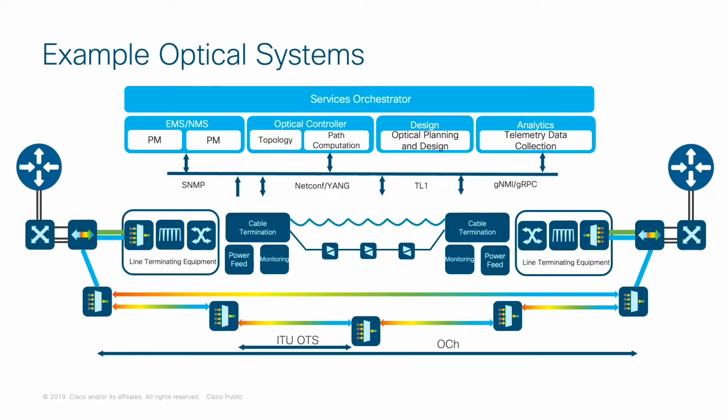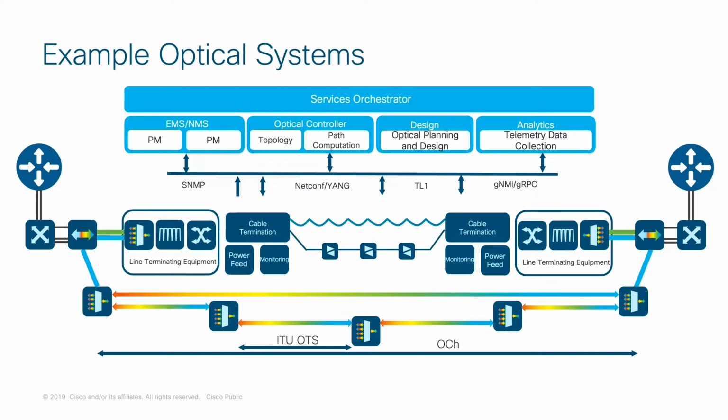The next most important one is an optical channel, which represents end-to-end connectivity joining multiple transport segments together. And this is often called a wavelength or a color. That optical channel would represent one color of light entering the optical network and coming out at the other side.